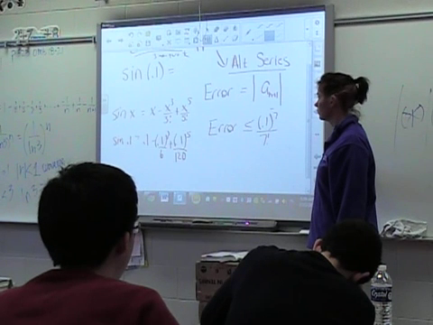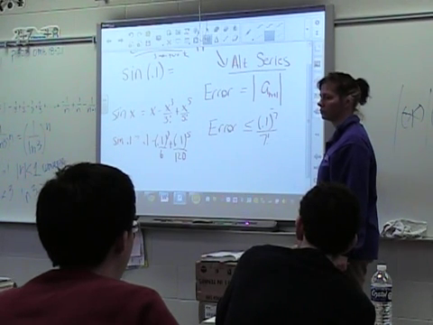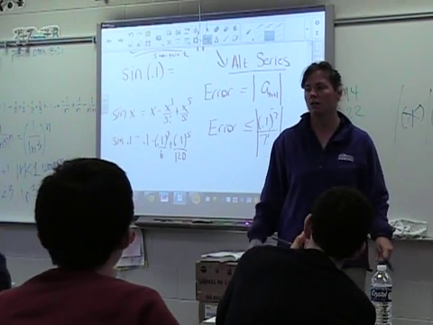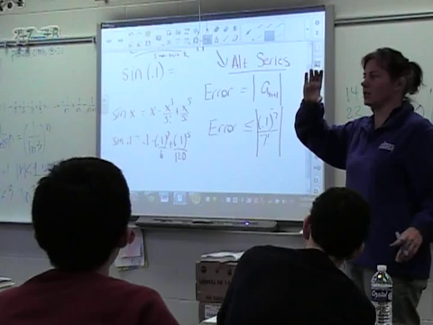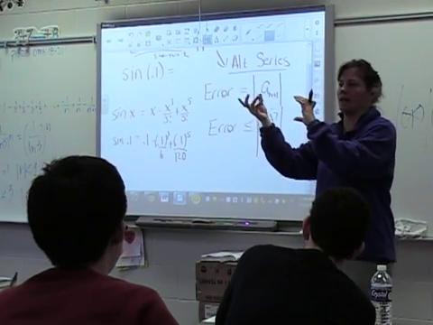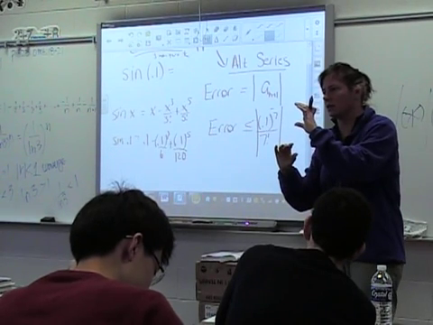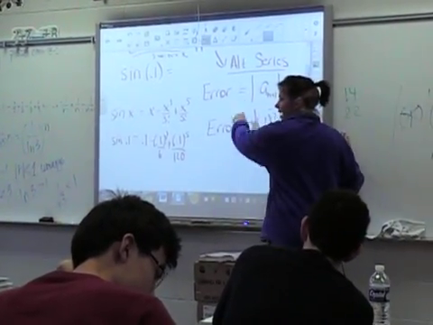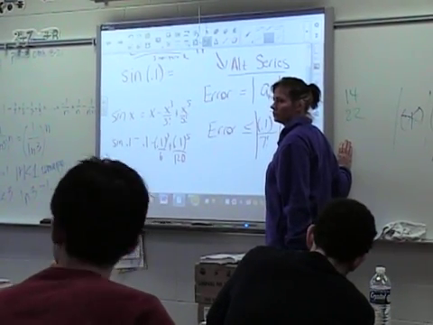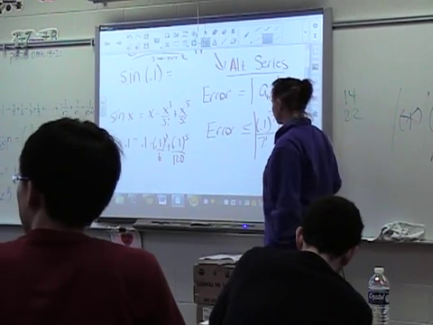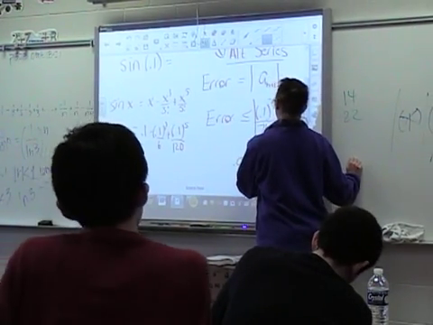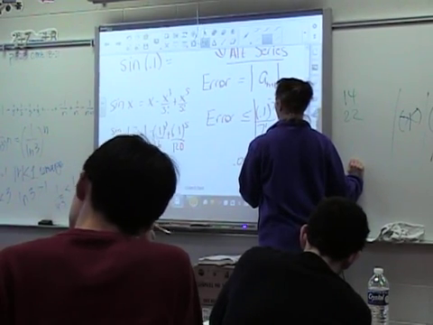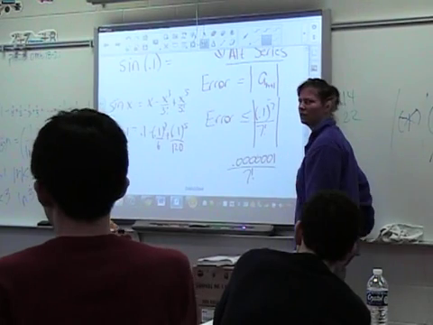That's 1, 2, 3, 4, 5, 6, 7 zeros divided by whatever 7 factorial is, 5040, I think.